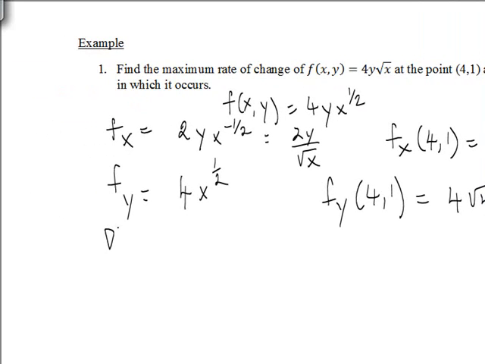So the gradient at (4, 1) is the vector <1, 8>.